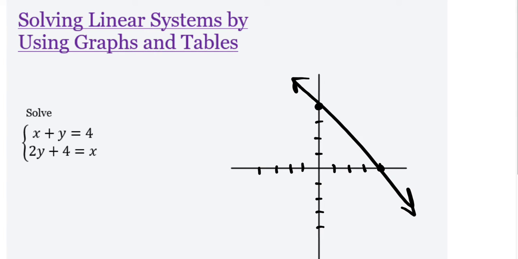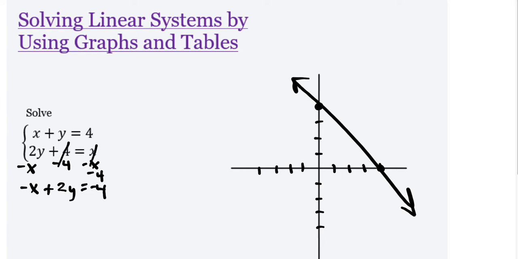I'm going to guess most of you would subtract x. And then this would say negative x plus 2y. Oh, I forgot to subtract 4. Negative x plus 2y equals negative 4. Now I've got the x's and y's on one side equal to a number.